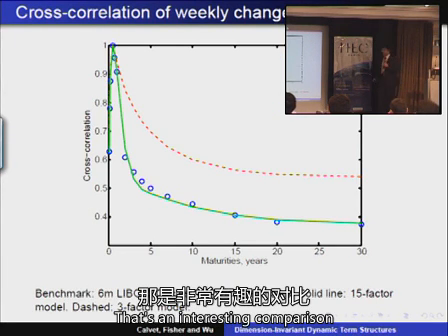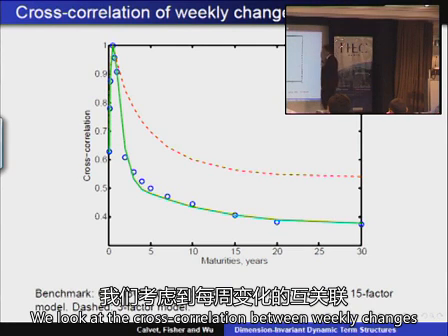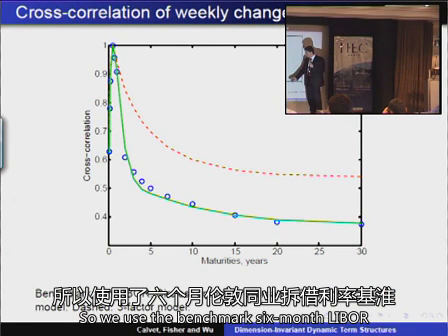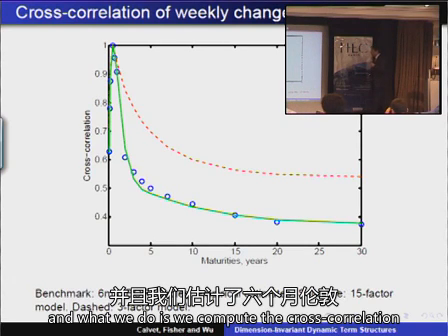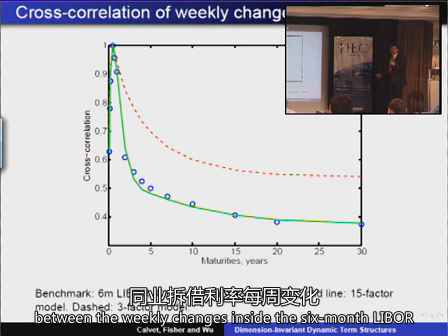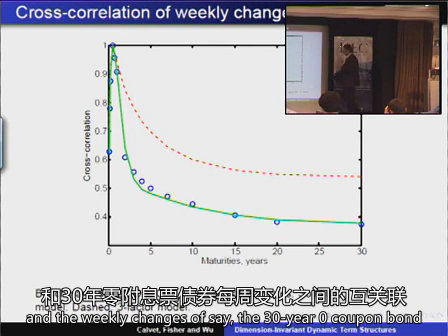Here's an interesting comparison. We look at the cross correlation of weekly changes. We use as a benchmark 6-month LIBOR, and we compute the cross correlation between the weekly changes in the 6-month LIBOR and the weekly changes of, say, a 30-year zero coupon bond.